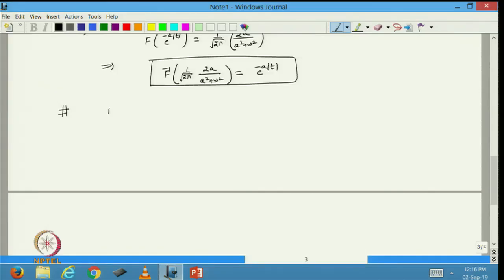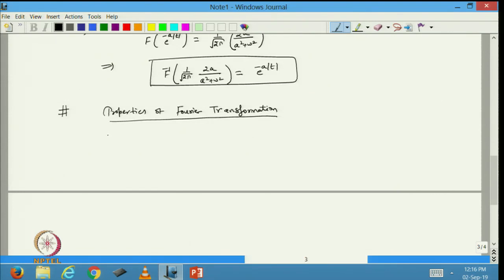Then we define some properties of the Fourier transformation. So, of the few properties, the linearity property and the Fourier transformation of the derivative we have already done.